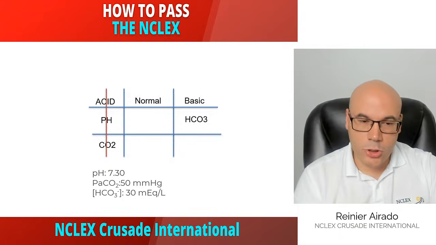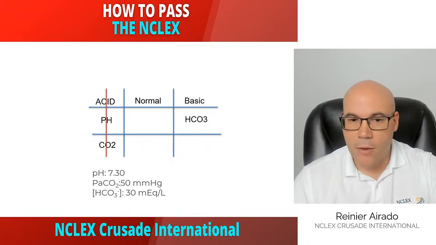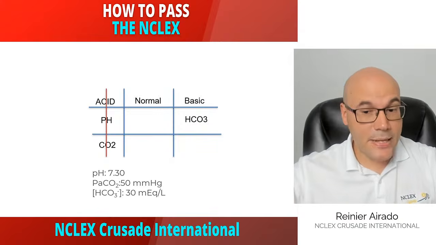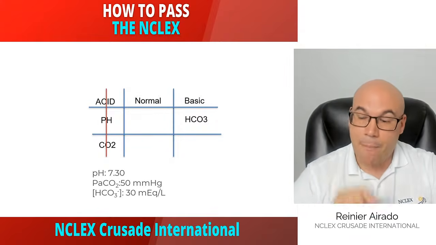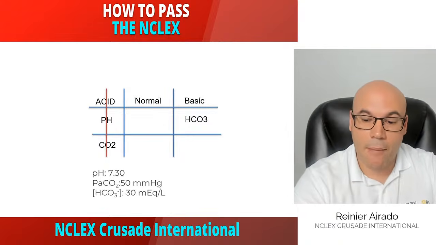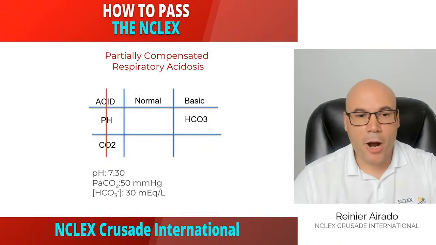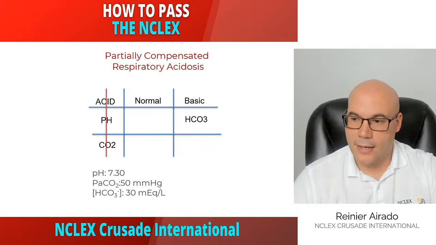So we have CO2 on acidosis and we have bicarbonate on alkalosis or basic. So it's compensating, but only partially because the pH is still abnormal. So what do we have? Partially compensated respiratory acidosis.